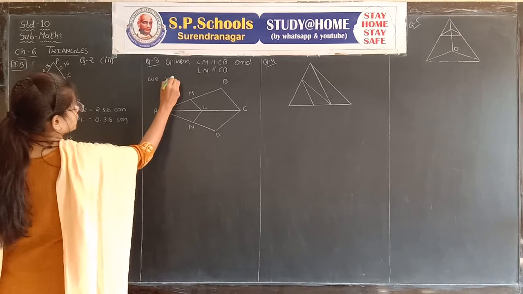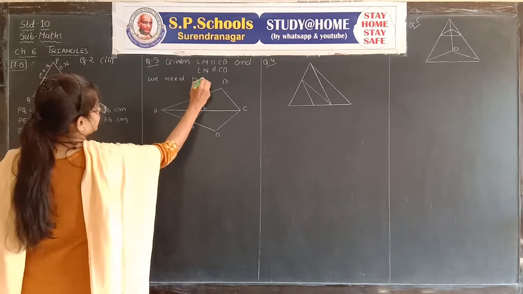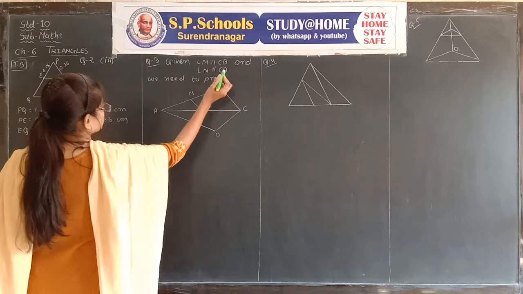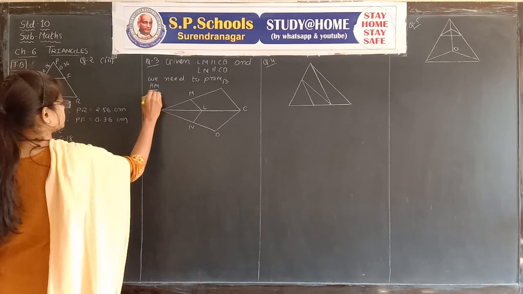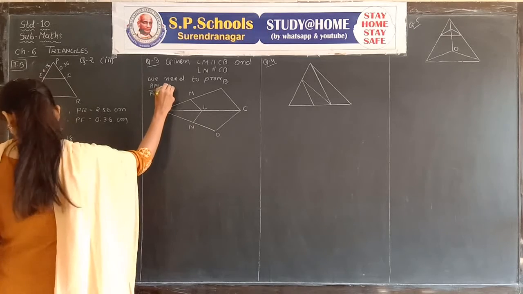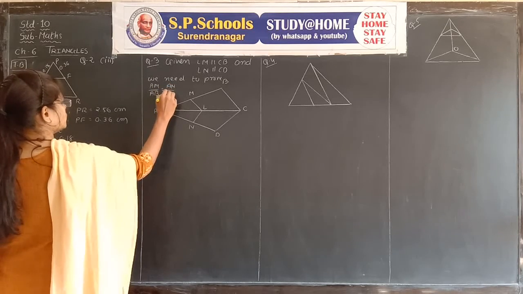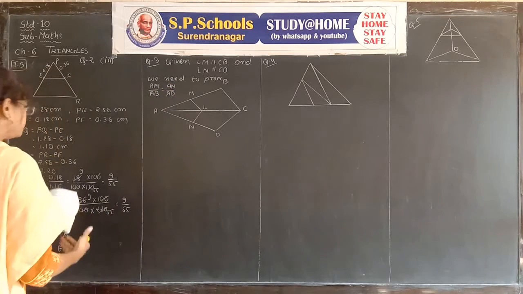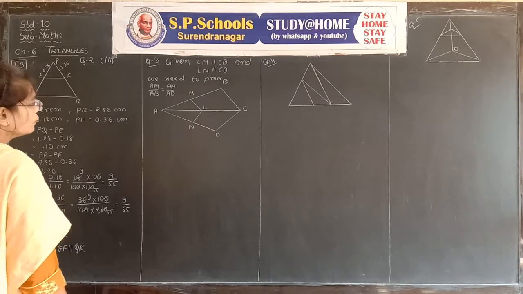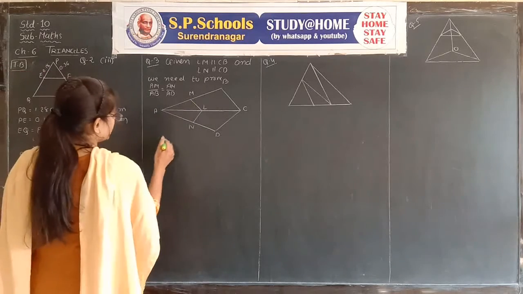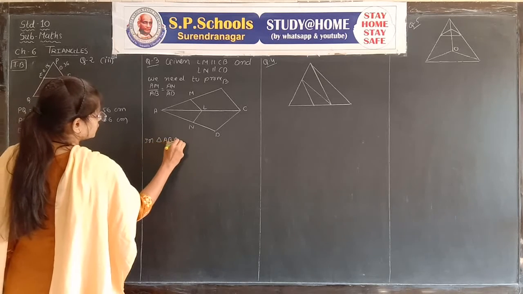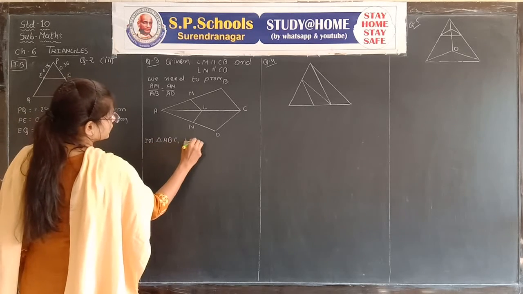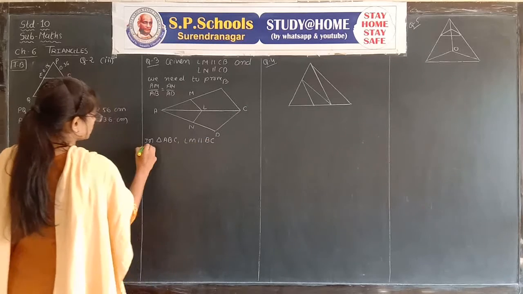we need to prove AM upon AB is equal to AN upon AD. For that, take the first triangle ABC. In triangle ABC, LM is parallel to BC.